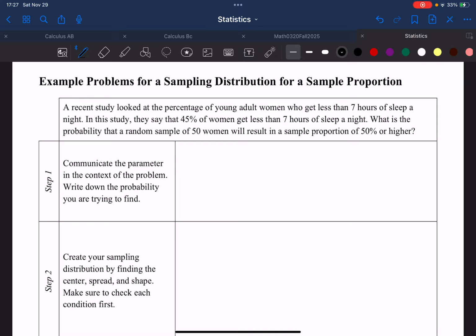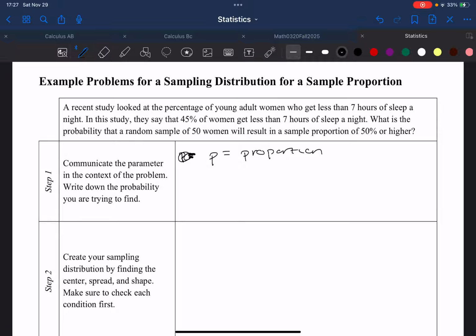So we're still following our 4 C's, and that first C is to communicate. When we communicate here, we're always going to describe p. And p is equal to the proportion, and then the rest comes from the problem.